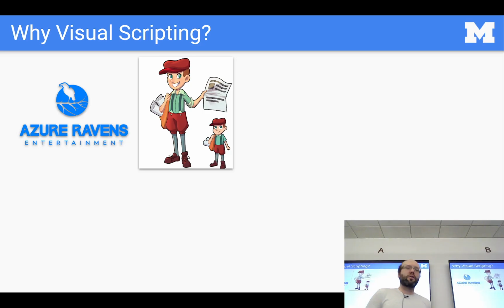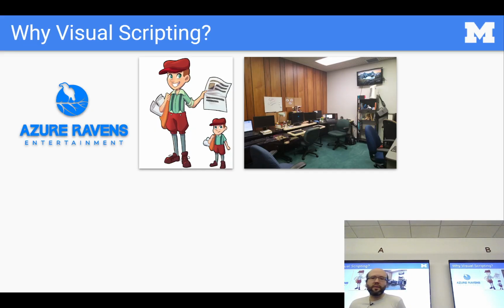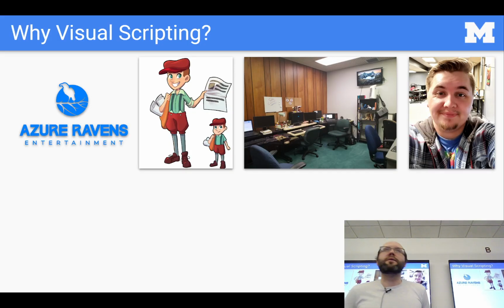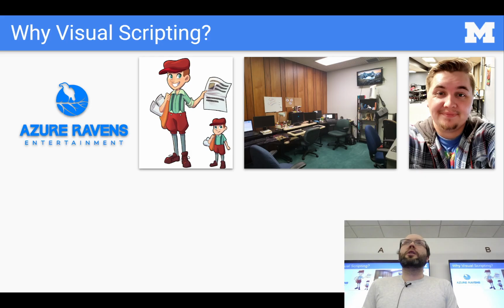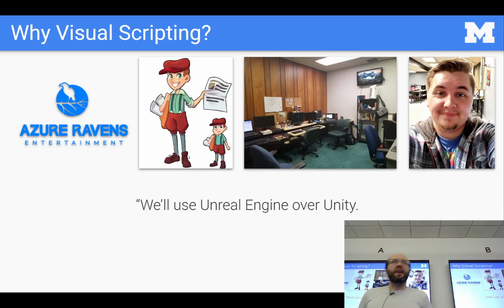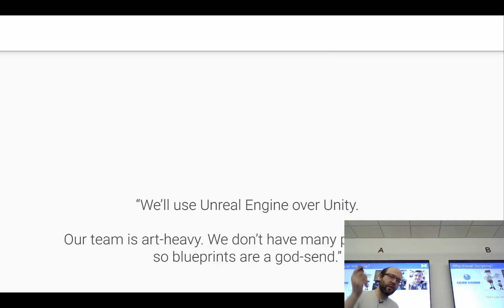Here's an anecdote from one of my friends at Azure Ravens Entertainment. This is Corbin Reeves. He teaches at U of M now, and he taught at Lawrence Tech, Eastern Michigan University, Kettering University, a lot of places. He runs an outsourcing studio in Saline. He said, generally, our team will prefer Unreal Engine over Unity, and it's for this reason.